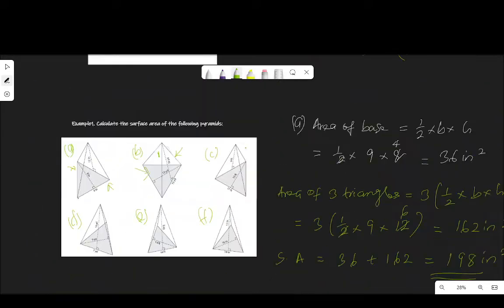Then for the other triangles, this triangle right here, the one that is hidden here, and the one beneath, the three of them are the same. They are all equilateral triangles. Their base is the same base here, which is 11 feet. The height is 9 feet.